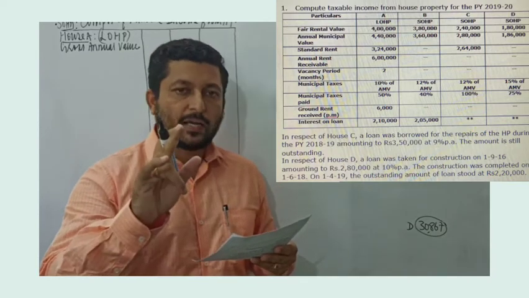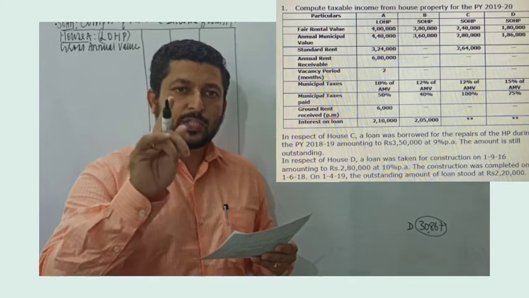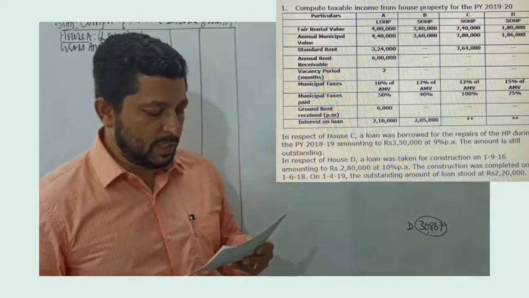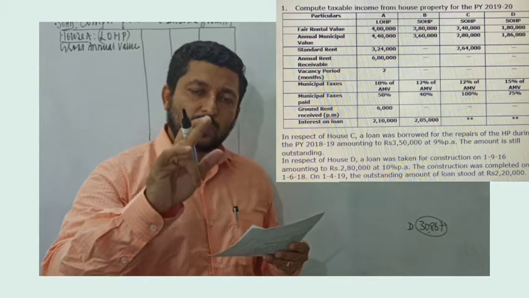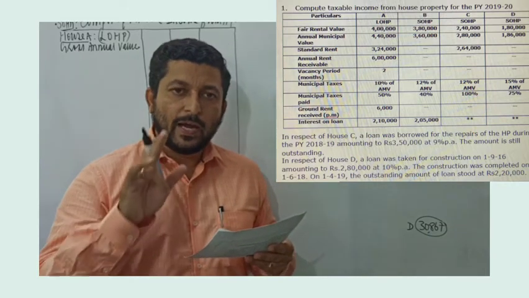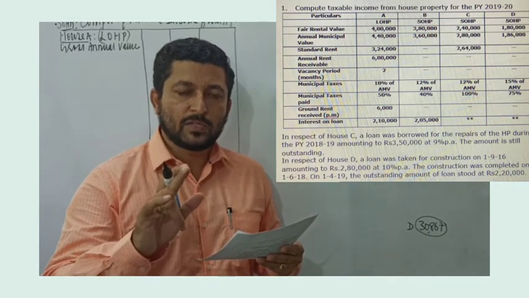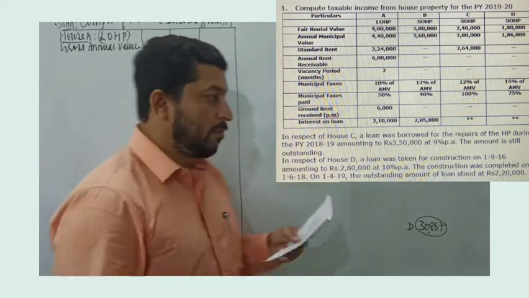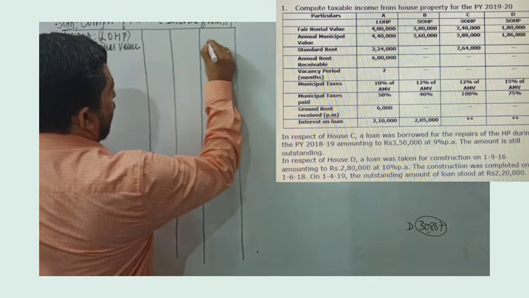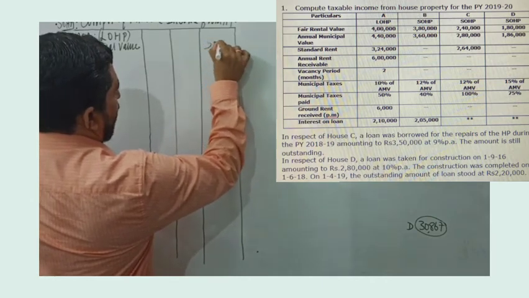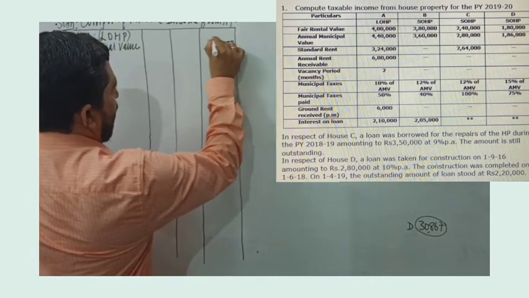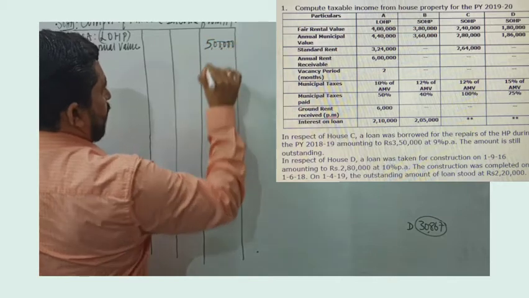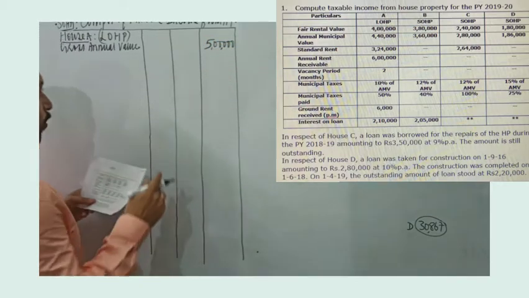So from 6 lakh, I can deduct 1 lakh, I get actual rent received as 5 lakh rupees. Expected rent is 3,24,000 and actual rent received is 5 lakh rupees, whichever is more. So 5 lakh rupees actual rent received becomes the gross annual value. So I record 5 lakh in the outer amount column.